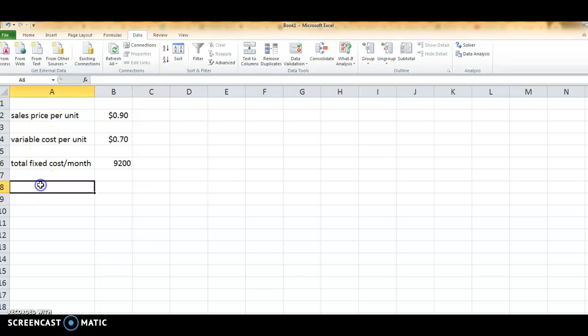Now I'm going to add in a line here for units sold, a line for total costs, because I like to know what the total costs are, and a line for profit. Actually, not gross profit, but operating profit.